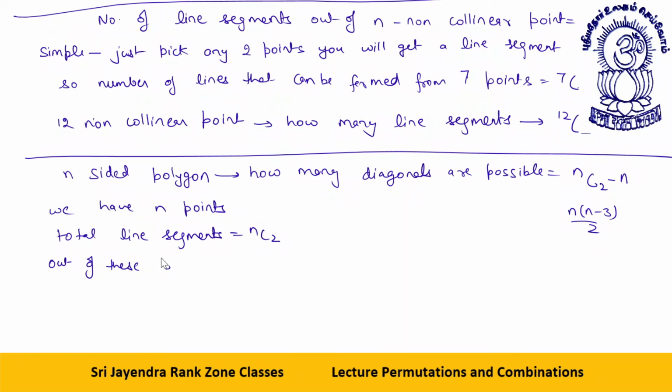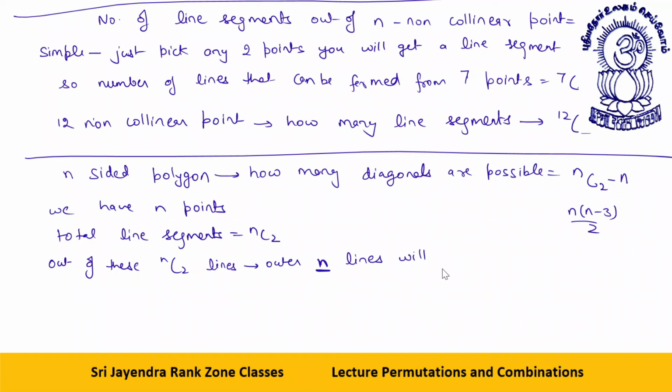Out of these nC2 lines, n outer lines will form the polygon.